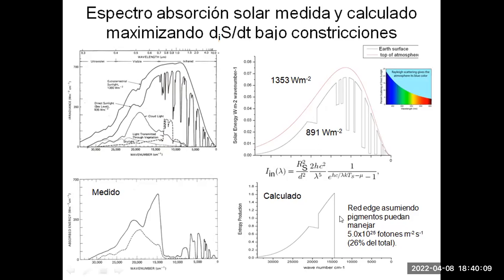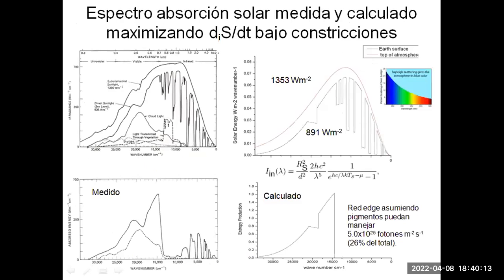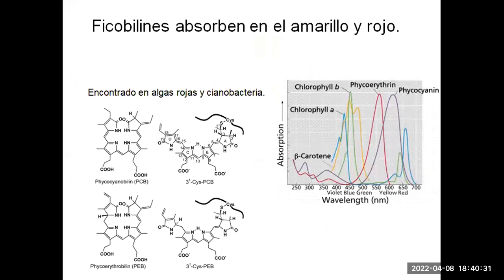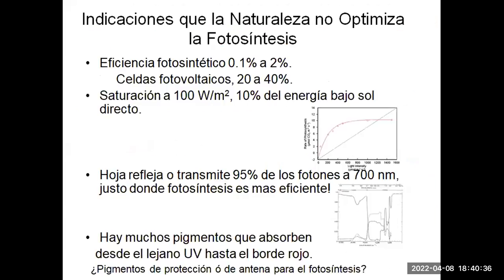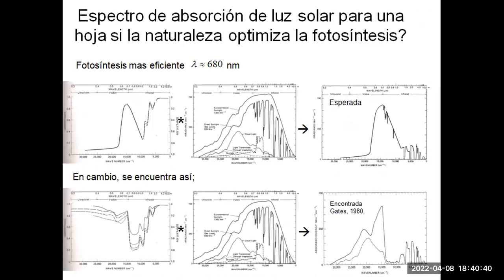So this is rather a rough calculation, but it still gives us an idea that the red edge exists because of the limitations of absorption and dissipation. But that is assuming that nature is optimizing entropy production and not photosynthesis. Because if it was photosynthesis, then we would expect a spectrum which looks like this, no?